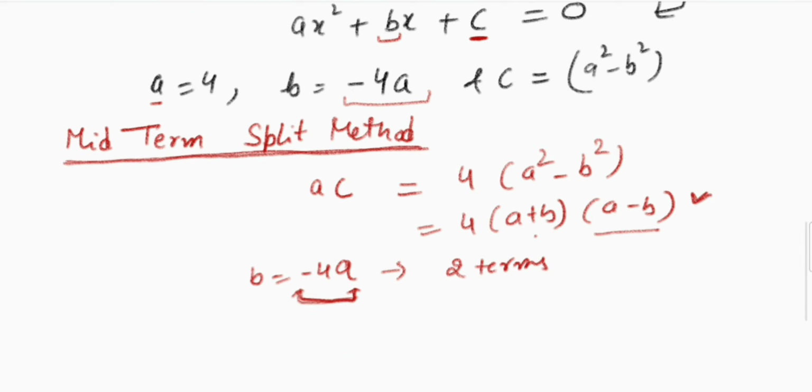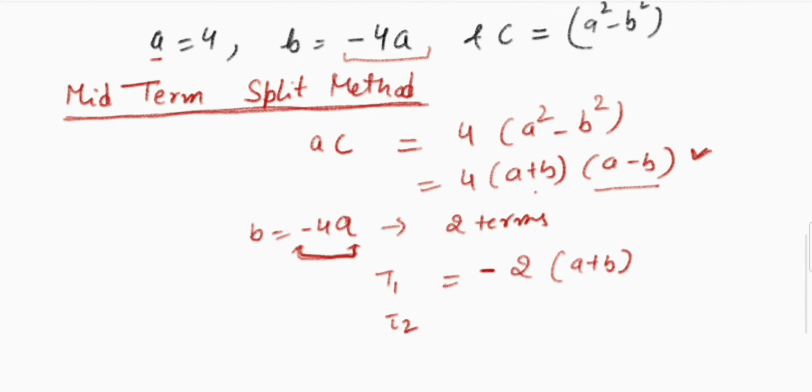For that, I take two terms: term 1 is equal to −2(a + b), and term 2 is equal to −2(a − b).